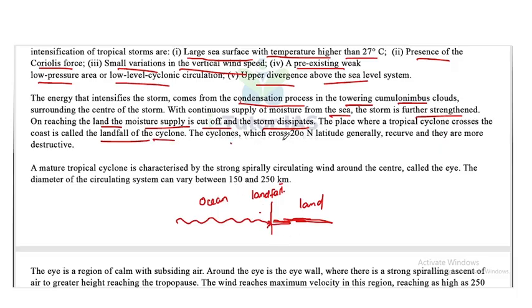The cyclones which cross 20° north latitude generally recur and they are more destructive.